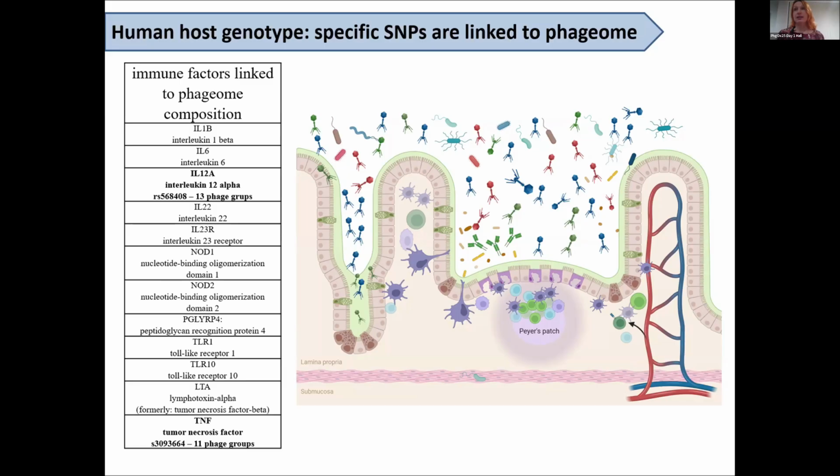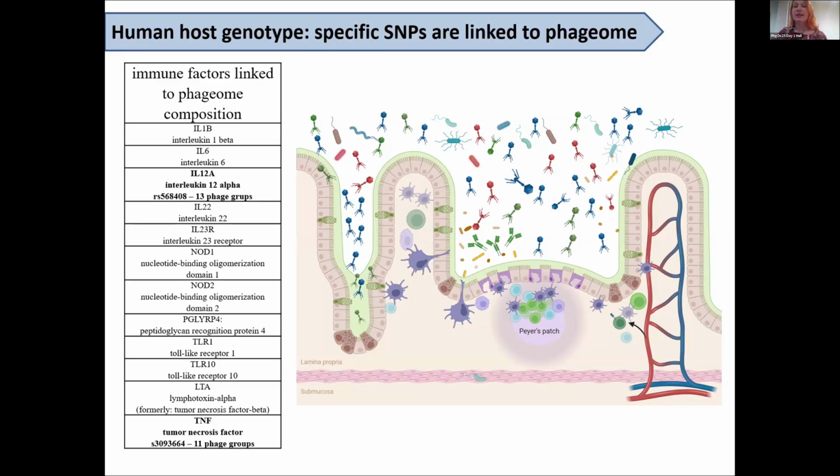Because phages are sensitive here to genetic background that determines how these factors work, we can conclude that most probably they do exert significant effects on the phage population, and they somehow affect its structure.